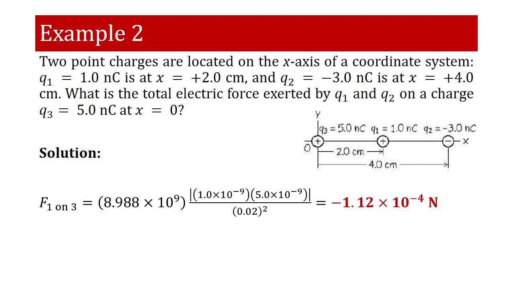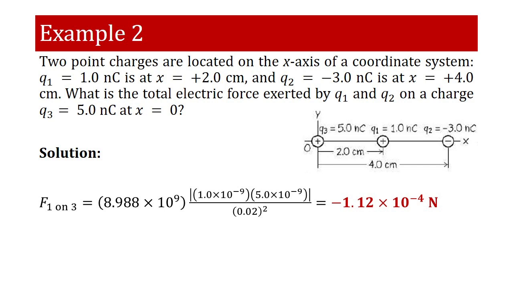Now, the question is, why negative? In fact, in our formula, we use the absolute value, and an absolute value is always positive. Well, you look at it in the diagram and consider which direction your force is going. If it is going to the right, you make it positive, or if it is going to the left, you make it negative.